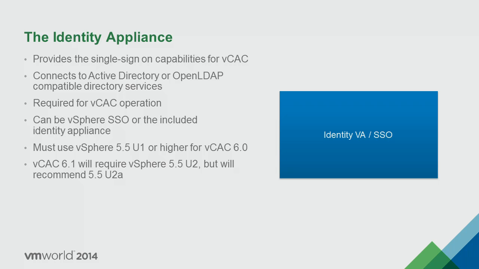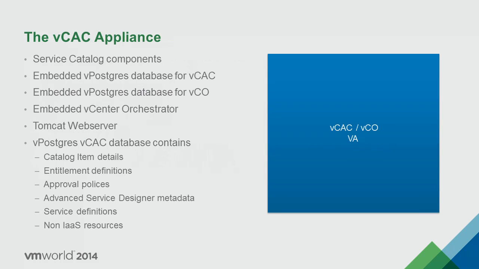The reason for that is it includes a number of fixes that we require as we're traversing the forest when connected to AD, and some performance enhancements. They're not going to get those until that U2A release, which I think they're targeting for October. But I'll refer you back to that first slide we talked to: we're not committing to anything.